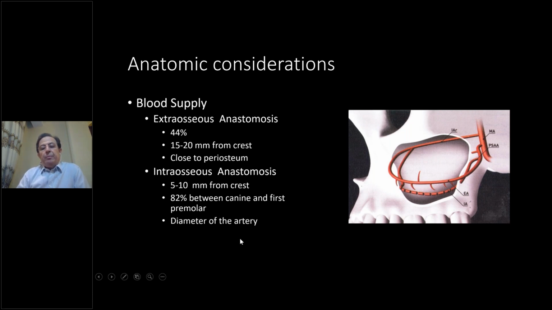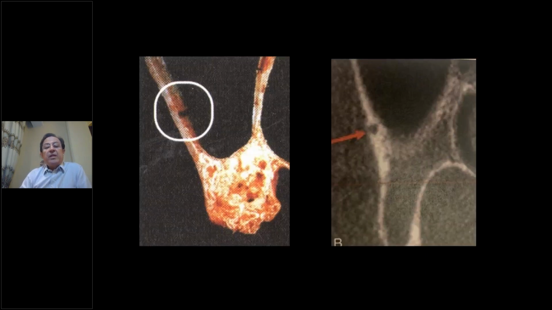And the important note is the diameter of the artery. If the artery is less than 1 millimeter in diameter, it cannot cause a big problem during the surgery. But if the diameter is more than 1 millimeter, it has been shown that it can cause severe bleeding.